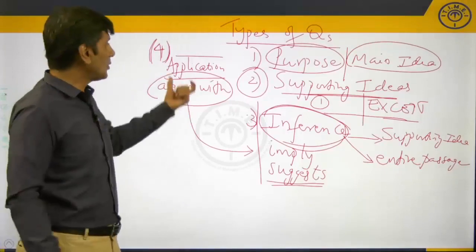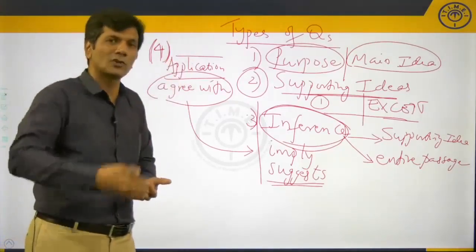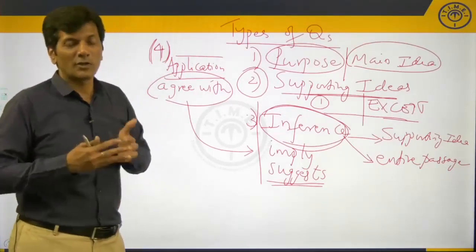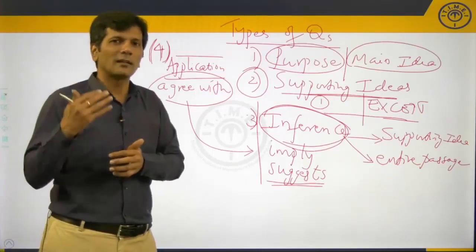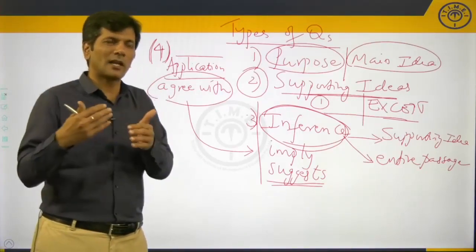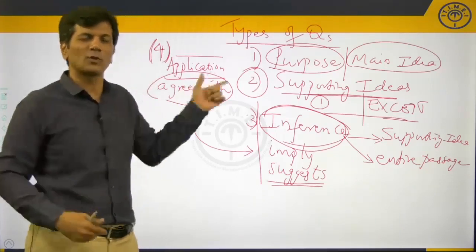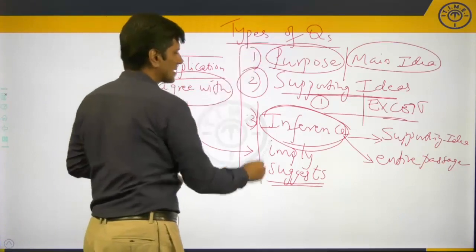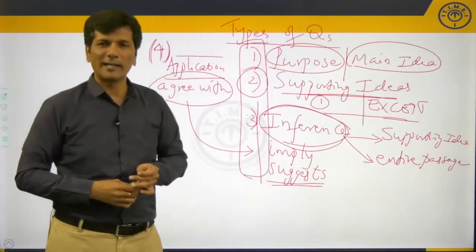But you will know that this is an application question when you look at the answer options, not just the question stem. If your answer choices give you situations that are not mentioned anywhere in the passage, but that you are expected to correlate with the passage, those are application questions. By and large, these are the three question types you will find in your exams.